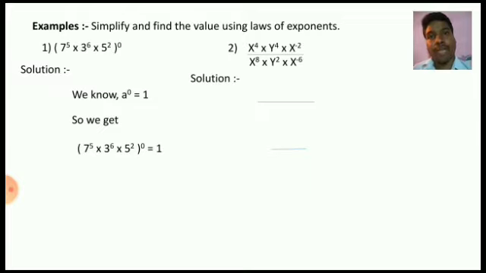In the numerator, the base x is the same, but the powers 4 and minus 2 are different. In the denominator, x raised to 8 into y raised to 2 into x raised to minus 6, the x bases are also the same, and the powers 8 and minus 6 are different.